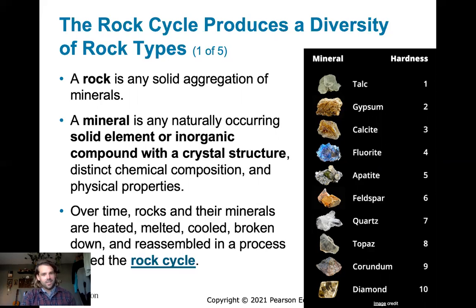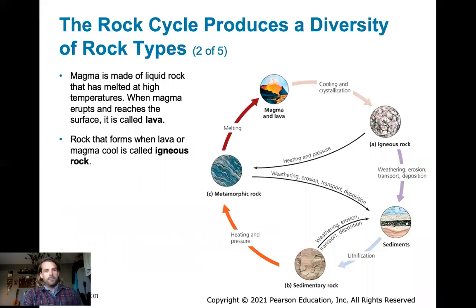They have distinct chemical properties, and here are some of them: quartz, topaz, diamonds. These are some examples of minerals. The point is that they break down and reassemble in a process called the rock cycle. And I'm not going to test you on specifics of the rock cycle, but here it is for you.